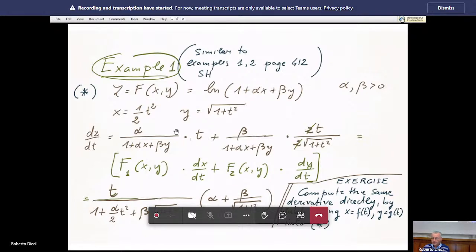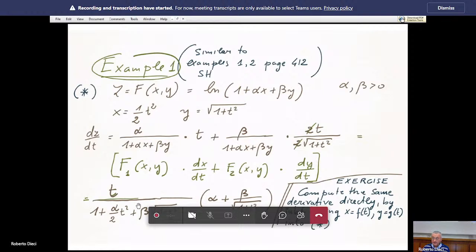So it's very convenient to isolate the common factors here, which is 1 over 1 plus alpha x plus beta y times t, okay? You see it's present in both terms. So what is written here is t divided by 1 plus alpha x plus beta y, okay? Why is that?